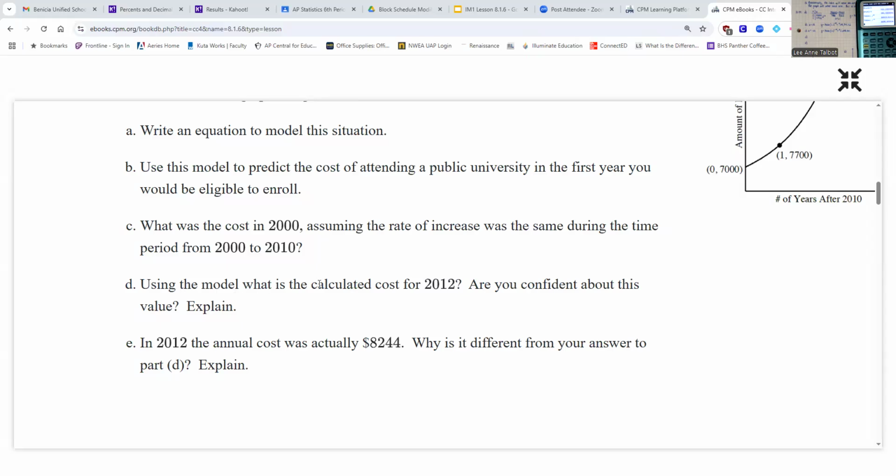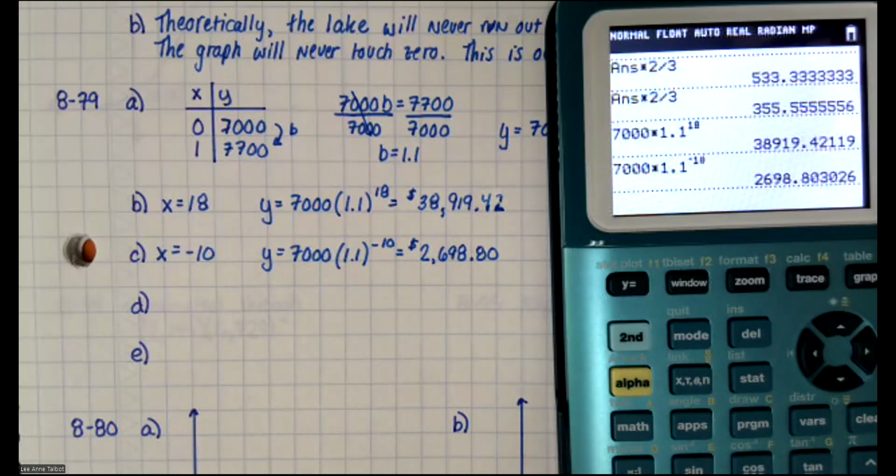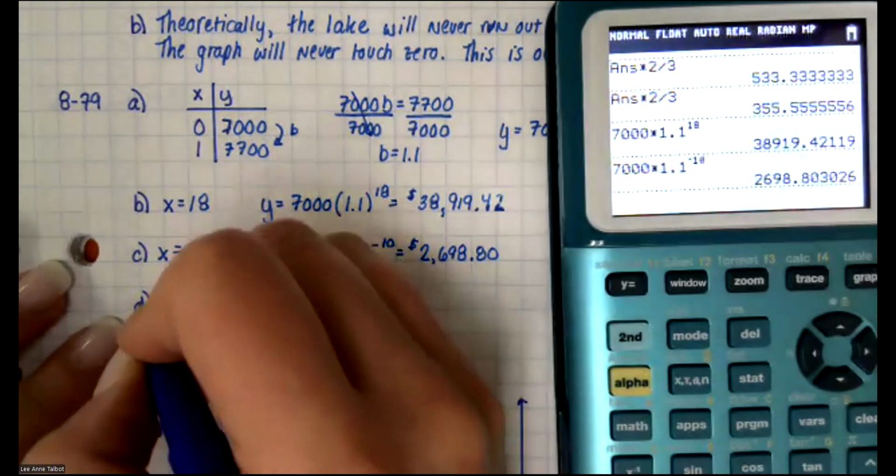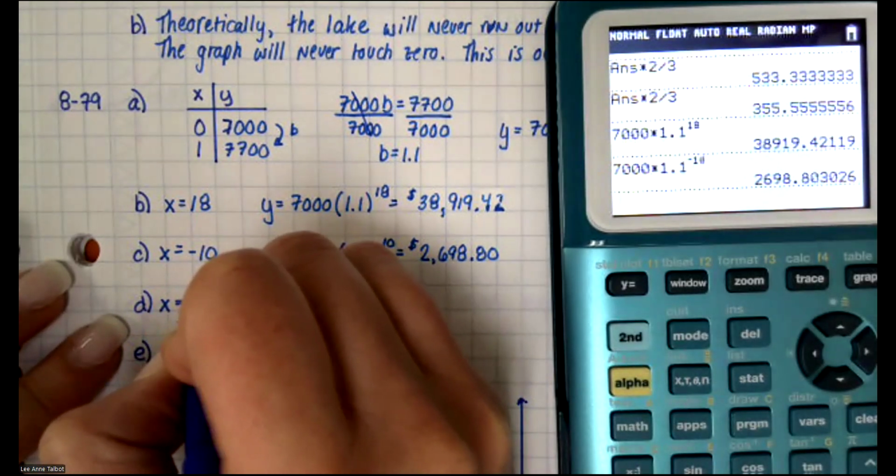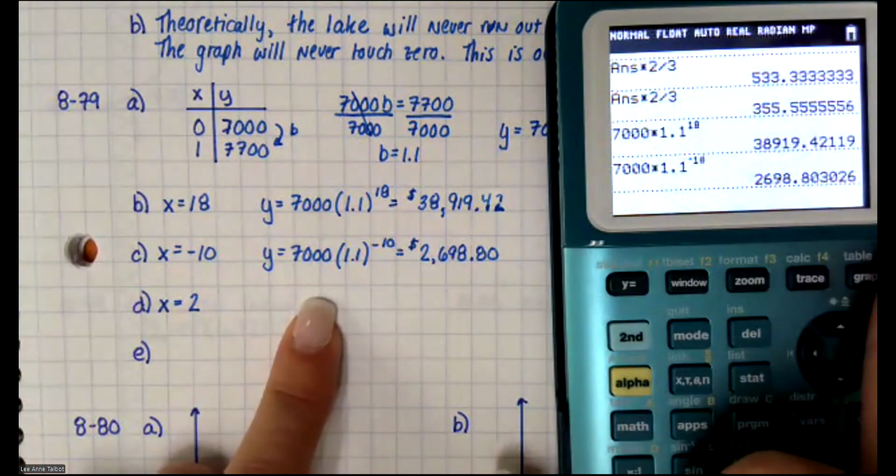Okay, D, using the model, what was the calculated cost for 2012? Okay, what do I plug in for 2012? 2. Okay, so practice, you guys plug in the 2, practice on the calculator.